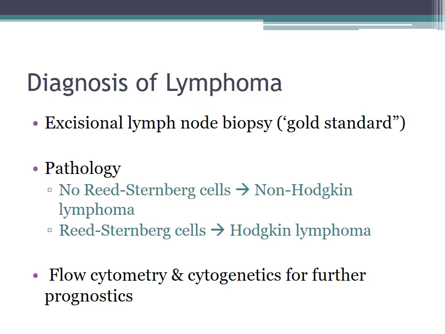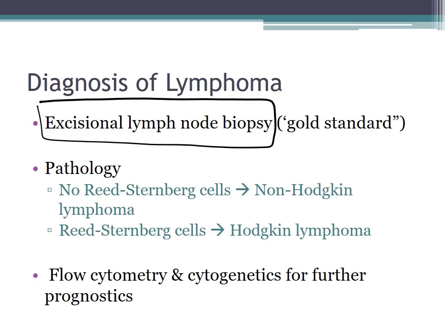The diagnosis of lymphoma is ultimately made by a lymph node biopsy, and the preference for this biopsy would be the excisional biopsy. This is the gold standard method for biopsy. It is possible to complete a fine needle aspiration, also called an FNA, and this procedure is less invasive, and it may be necessary if the node is in a place that's not easily excised.